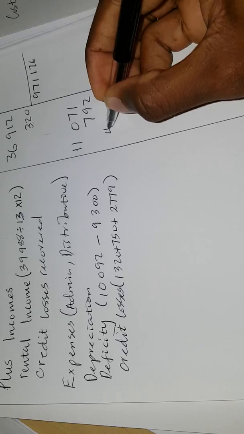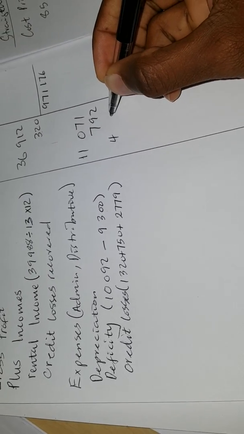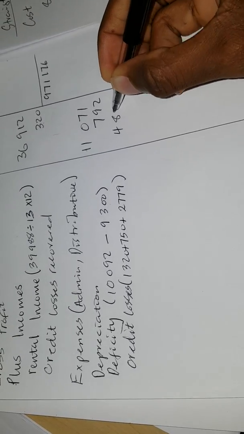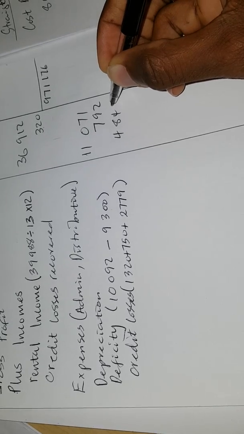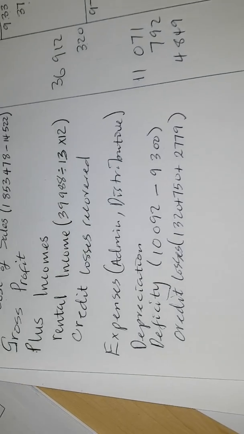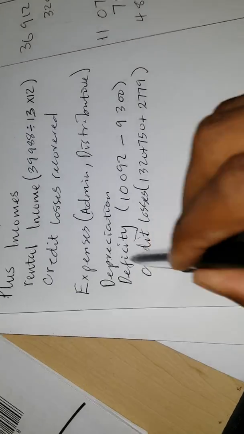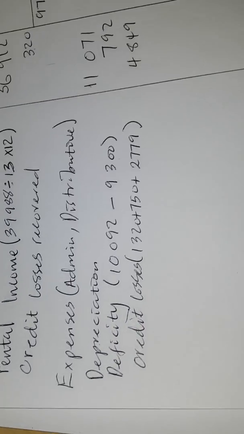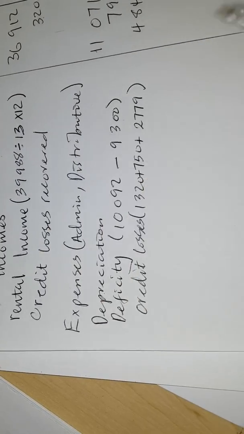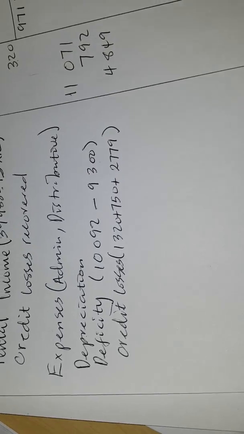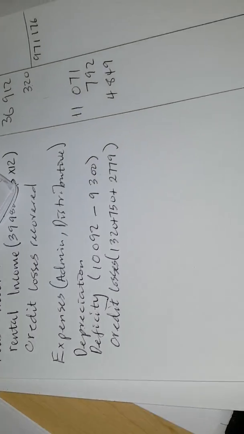You got 4,849. Okay, so if you know how to calculate all of these, they are the very difficult part of the expenses. The other expenses you will just have to adjust. They are not difficult. Okay, let's proceed with our expenses.